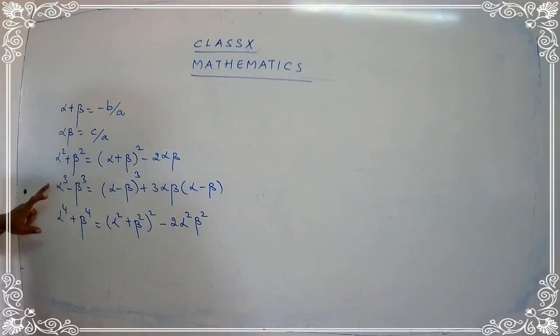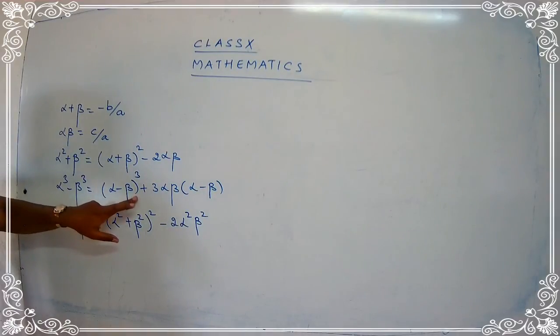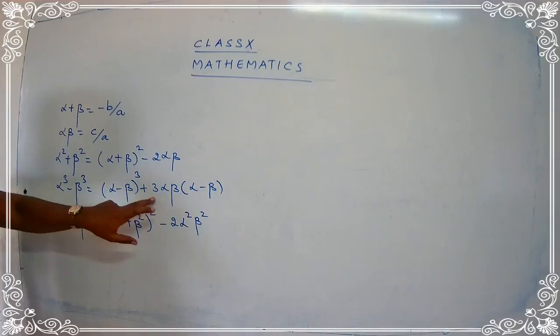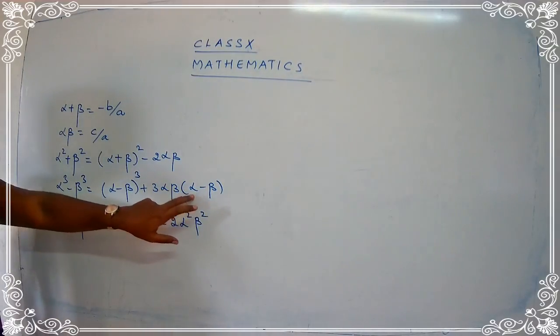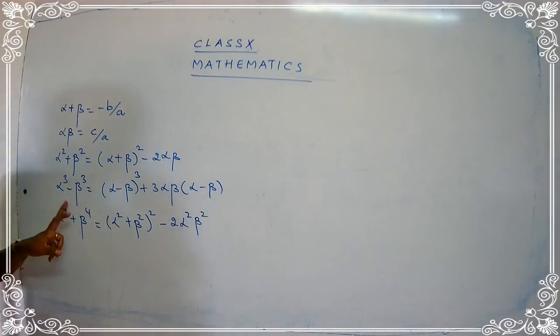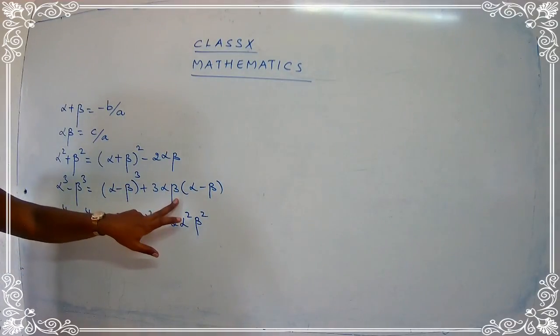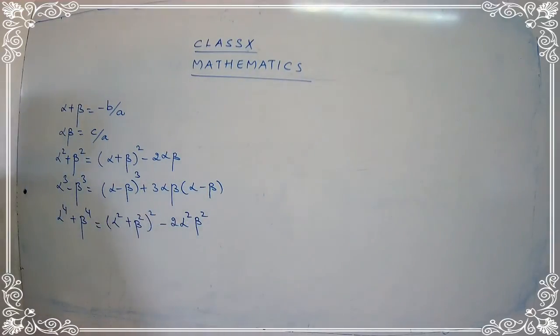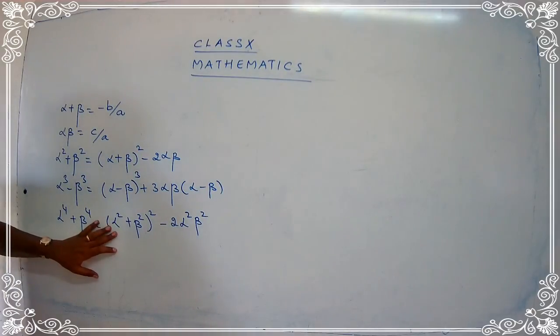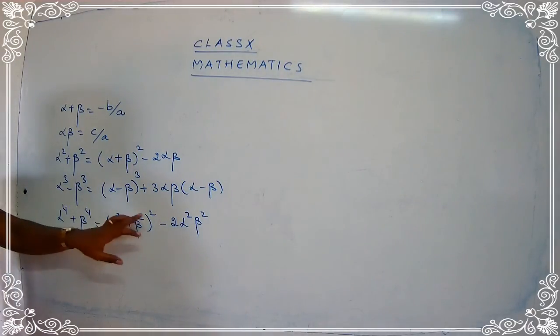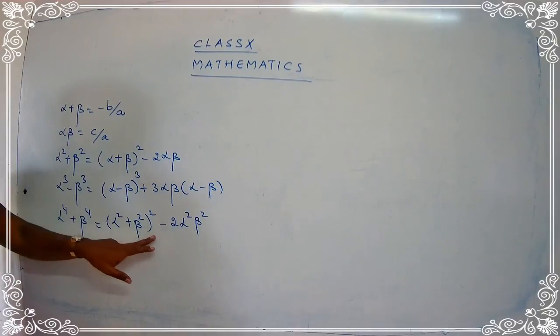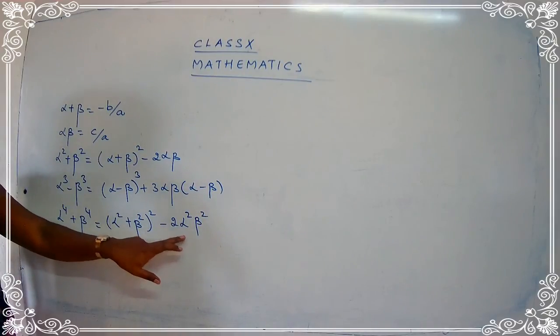Alpha cube minus beta cube is equal to alpha minus beta the whole cube plus 3 alpha beta, alpha minus beta. Alpha raised to 4 plus beta raised to 4 is equal to alpha square plus beta square the whole square minus 2 alpha square beta square.